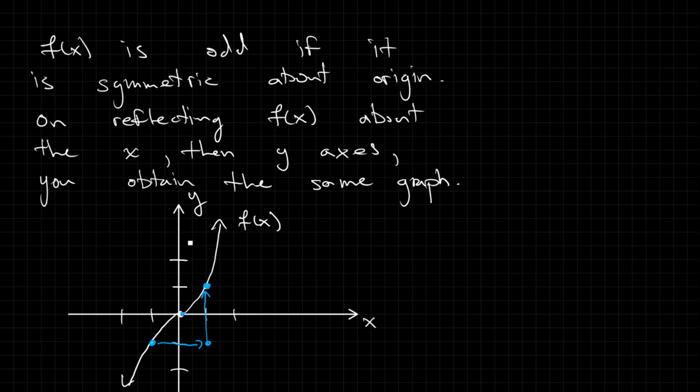So you can see, I only did 3 points, but I think that's sufficient to explain that this graph here, f of x, if you reflect it twice, the graph you obtain as a result is the same. And that's what we mean by symmetric about the origin. You reflect about the x and the y-axis, you obtain the same graph.